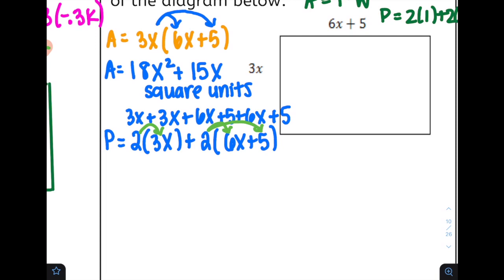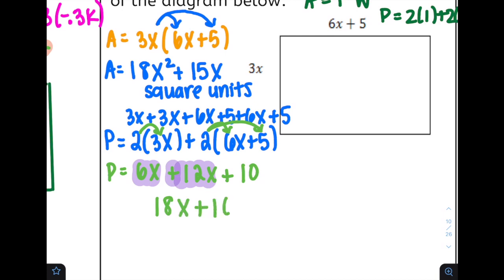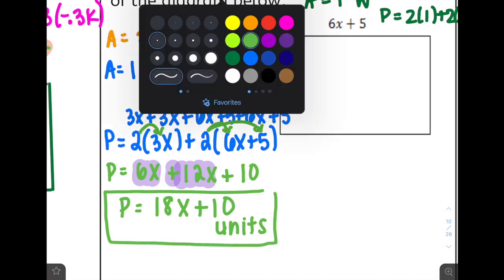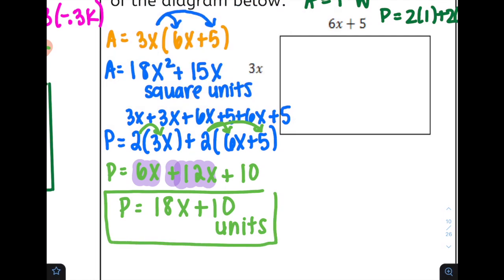So the first term we're going to get as 6x plus 12x plus 10. And here we can combine our like terms. 6x and 12x are like terms. So we get 18x plus 10 as our perimeter, and it's just measured in units. Again, because it's unknown. So we have our perimeter, and then we also have our area.